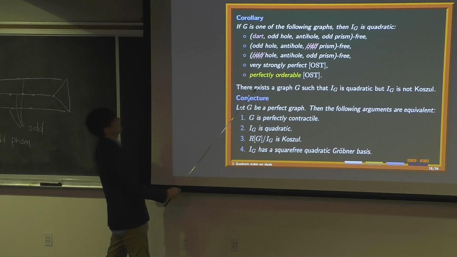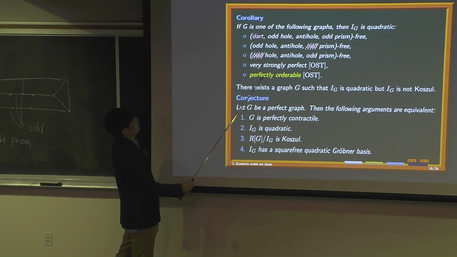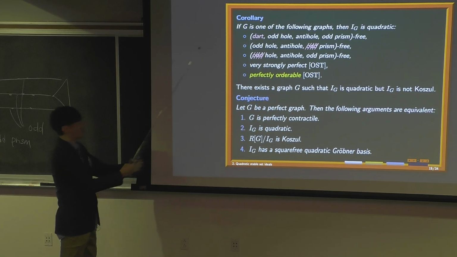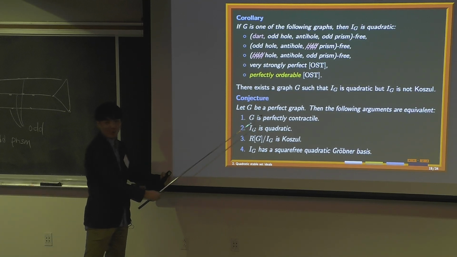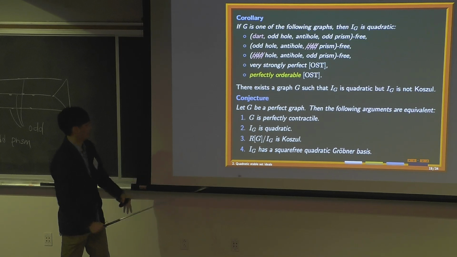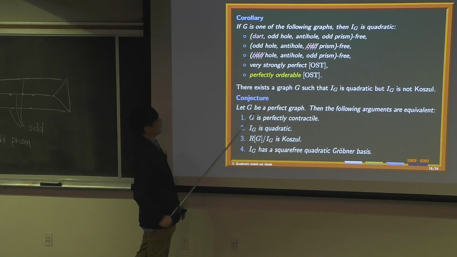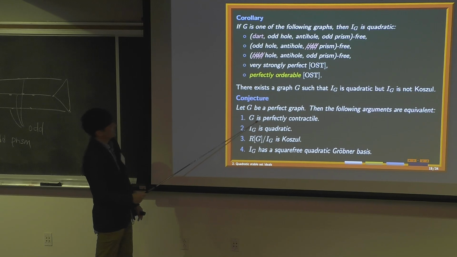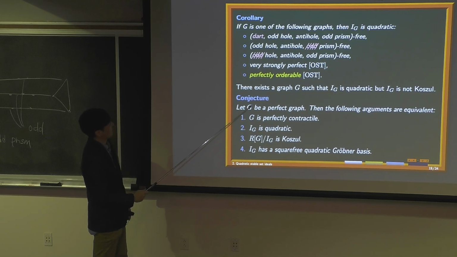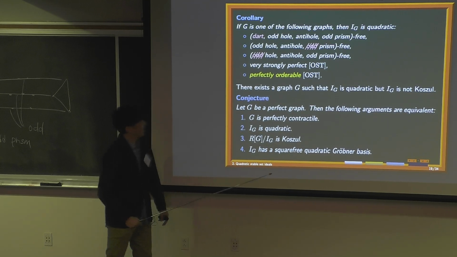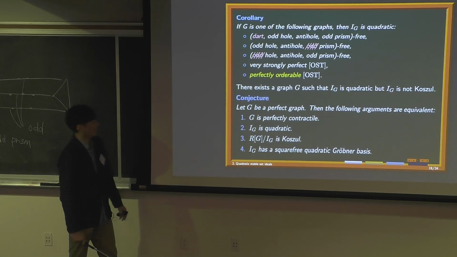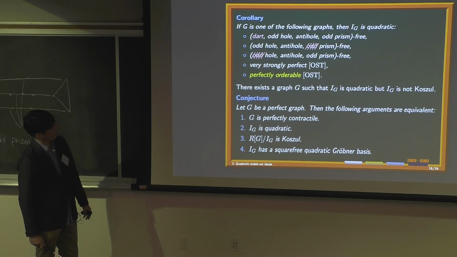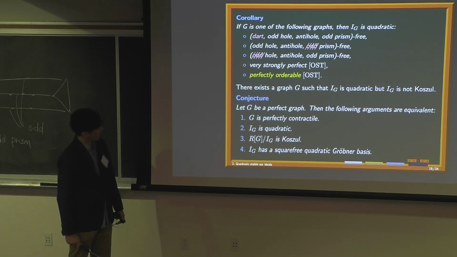On the other hand, in my opinion, almost all perfectly contractile graphs are perfectly orderable. So we give the following conjecture. If we assume graph G is a perfect graph, then these 4 conditions are equivalent.